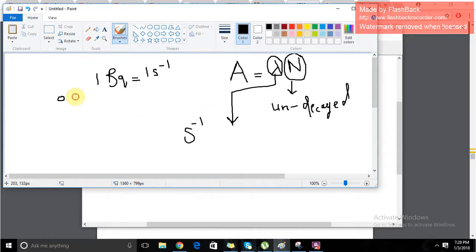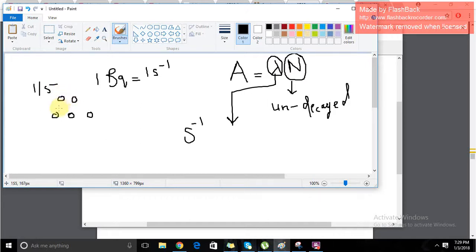So if we have 5 nuclei in a sample, what do we want? What is the probability that an individual nucleus will decay per unit time? So if the whole complication of per unit time wasn't there, and you just wanted to know the probability of this being the one to decay, it would be 1/5.